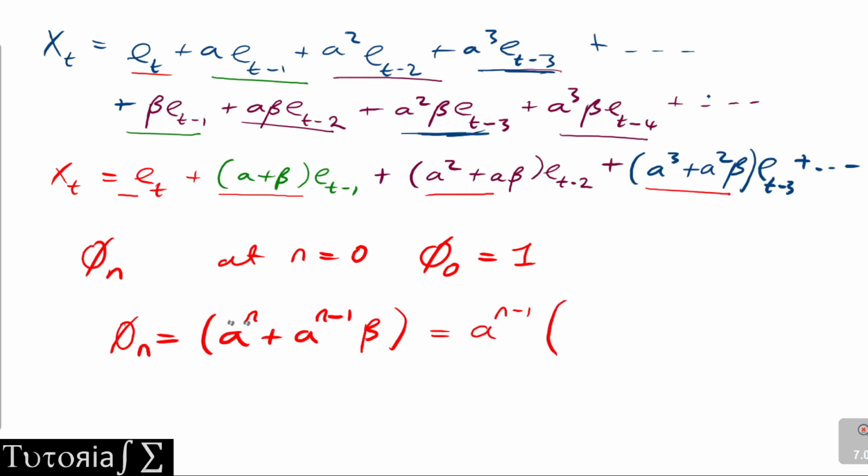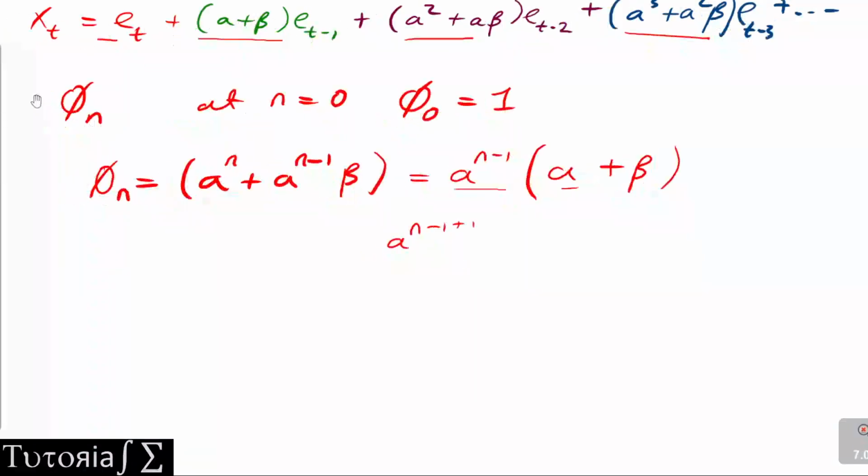What we're going to remain with here, so the idea is that when we multiply this and this, it will give us the original term. So what we're going to remain with is just a plus beta here, so that when we multiply, we have a to the power n minus 1 plus 1, so it will just remain a to the power n. So this is the general term of phi that we're looking for.